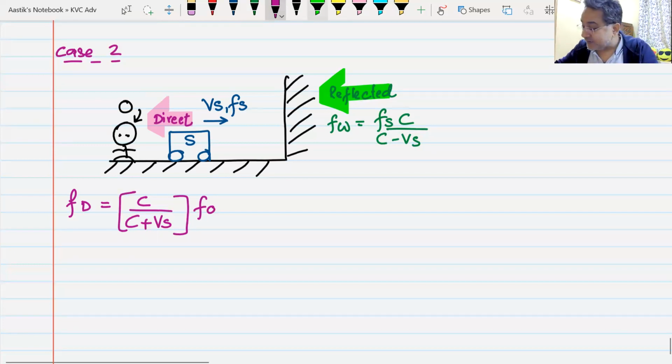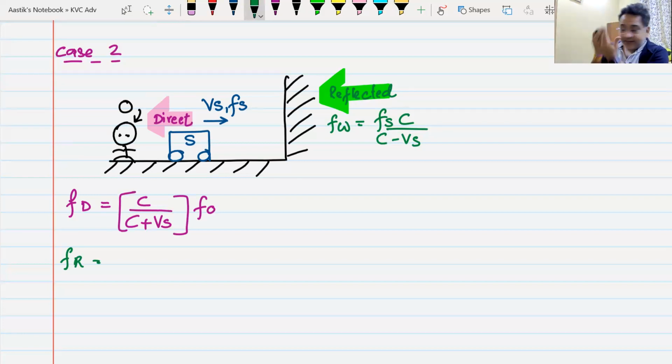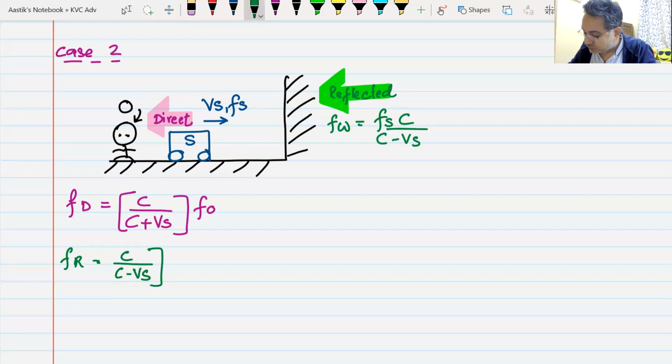If I look at the reflected sound, the frequency of the reflected sound will be C upon (C minus Vs) into Fs. Oh sorry, not F naught, Fs is the frequency of the source. Do we understand this?